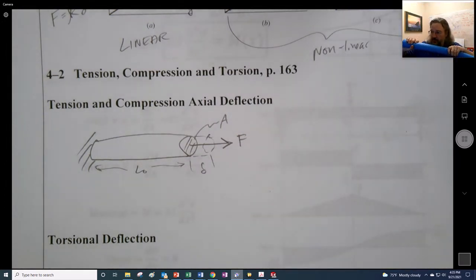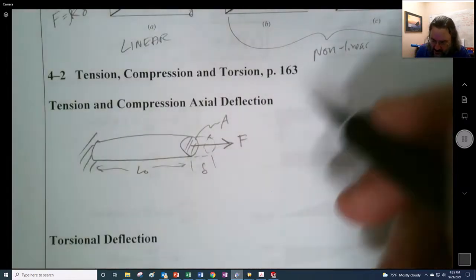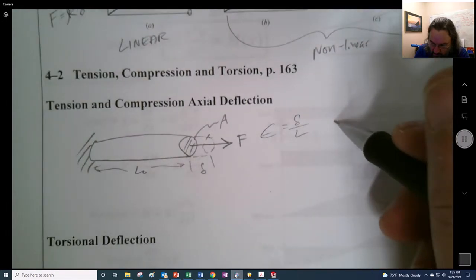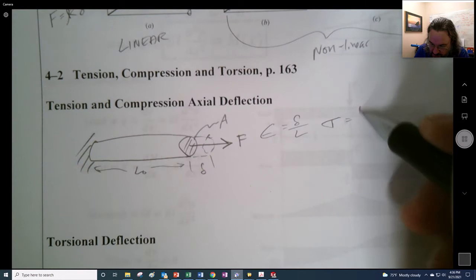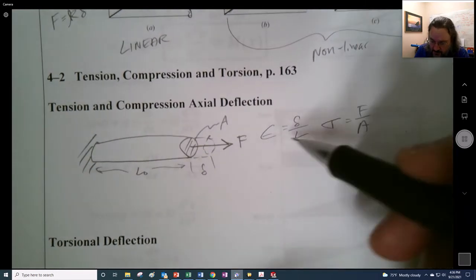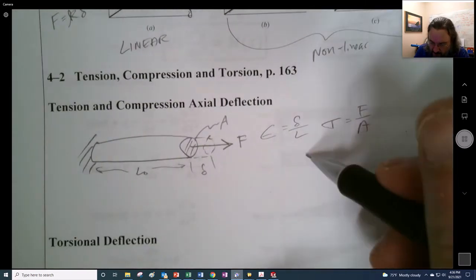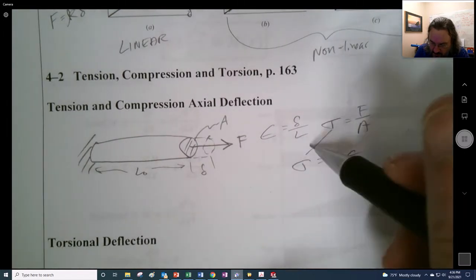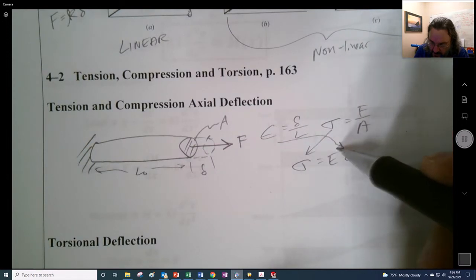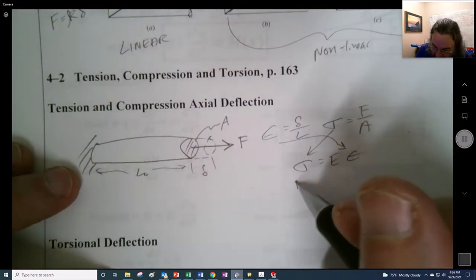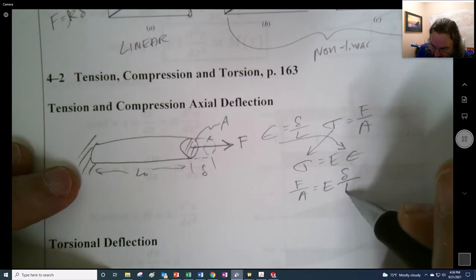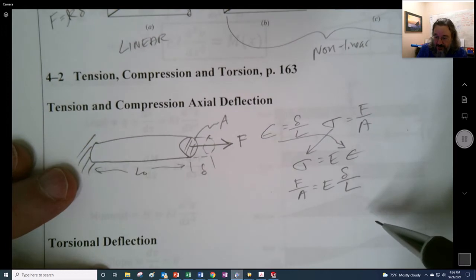We could pull on this and feel that we're stretching it, which causes a strain equal to del over L. But we also know that force causes a stress of F over A, and that these two things are related to each other by Hooke's law. So we can replace these and say that F over A is going to be equal to E times del over L. That's Young's modulus.